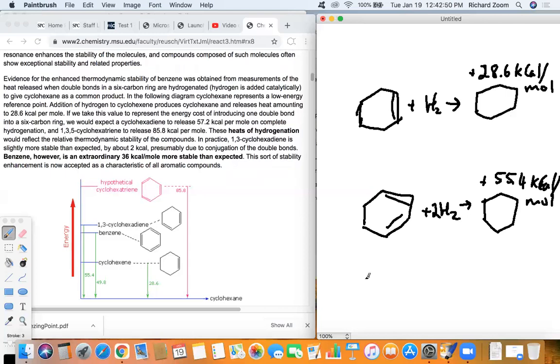Now, this is a theoretical compound here because it's not really the way that it is, but what we know is that double bonds are shorter than single bonds.